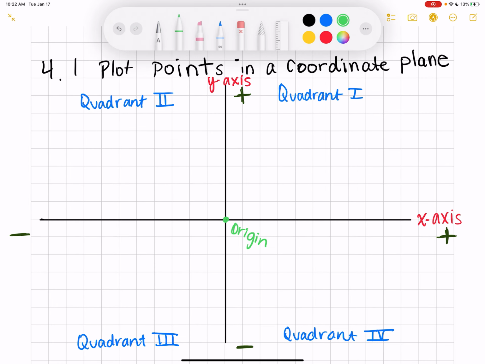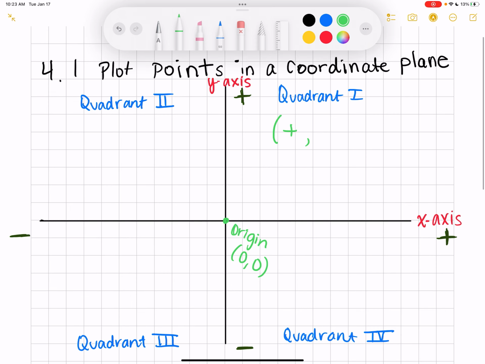So going back, the origin occurs at 0 for both. So it's at the point (0, 0). In quadrant 1, it's always x first, so x is positive, then y is also positive. So those are going to be the signs on the points.